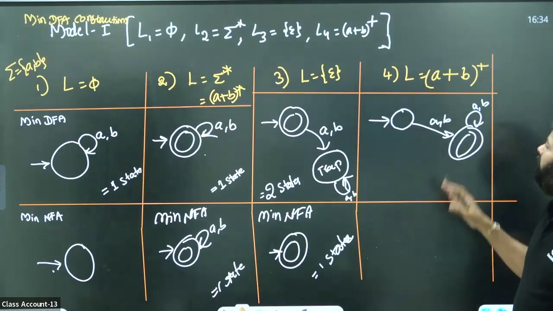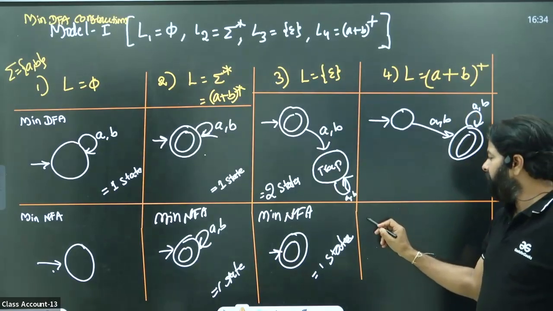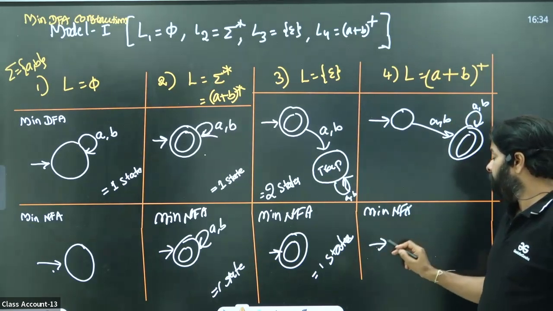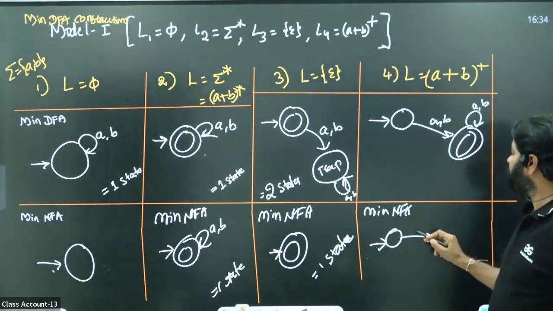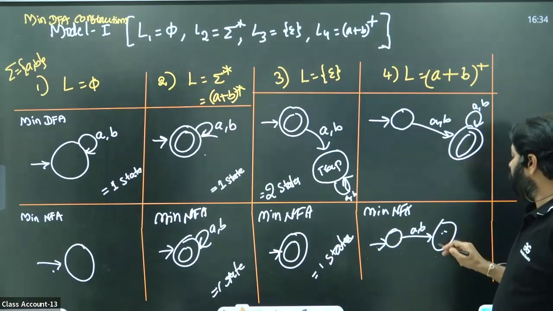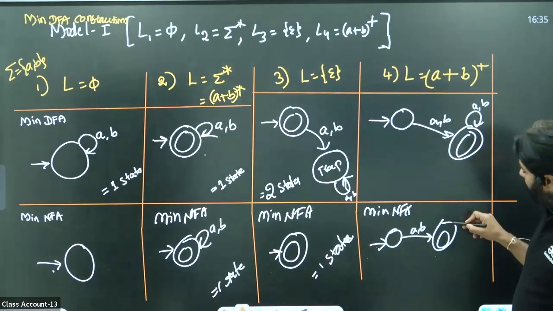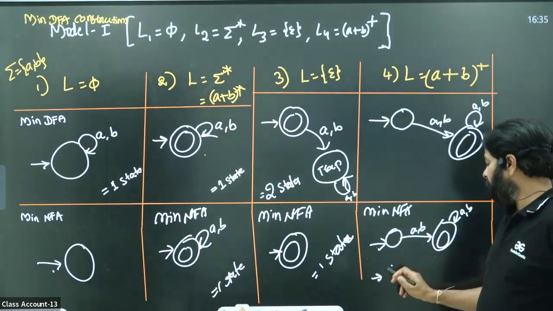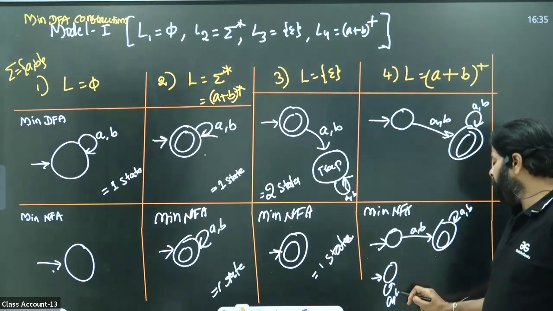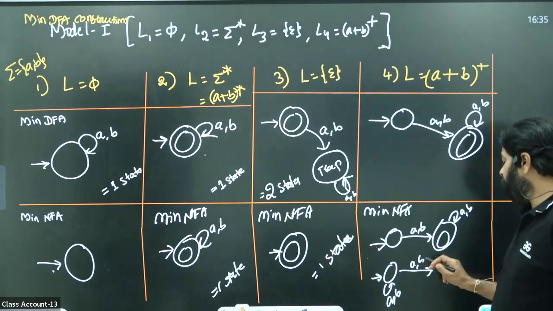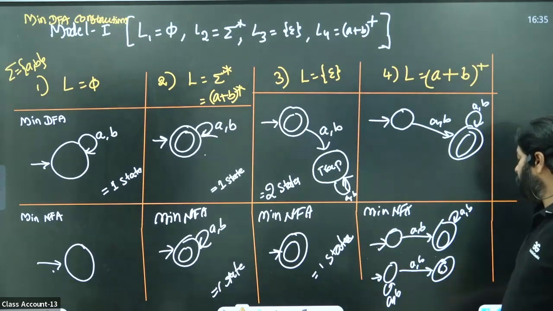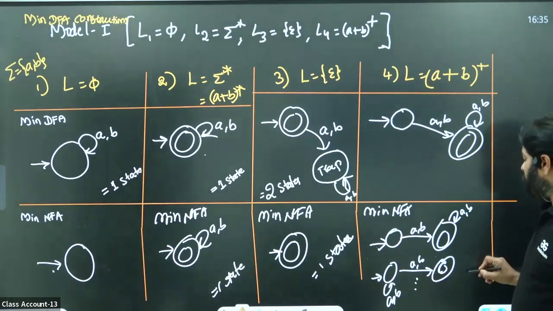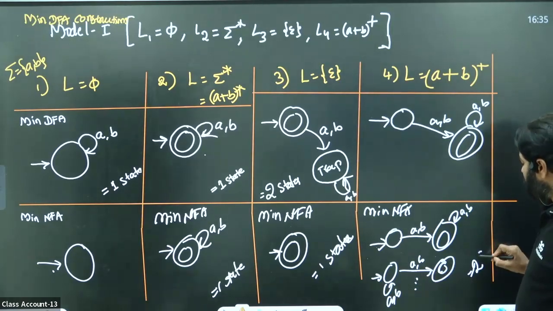In NFA, you want to accept (a plus b) whole plus, there are many ways. Now you can put it here, that's one way, or you can try, here also you can put a comma b, but it's a non-deterministic way. There are many other designs too. But with two states, you can always design any of these.